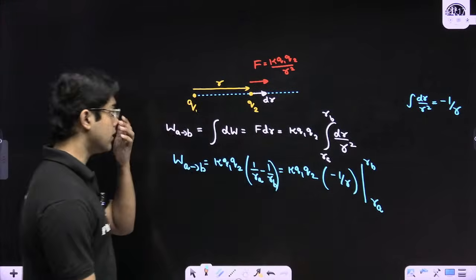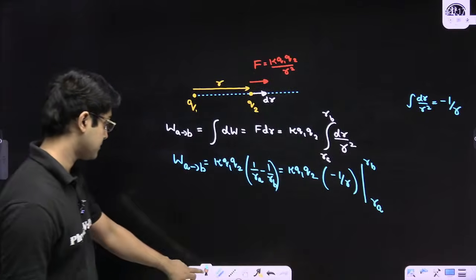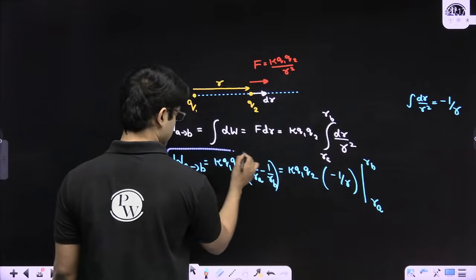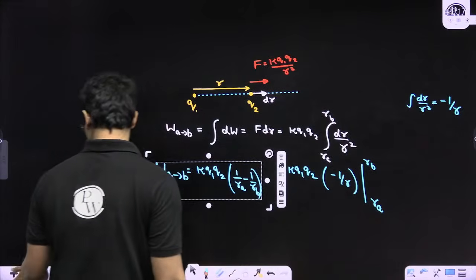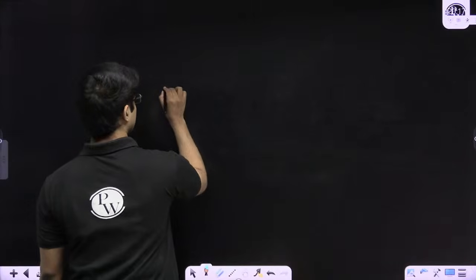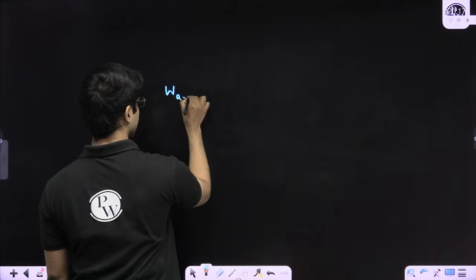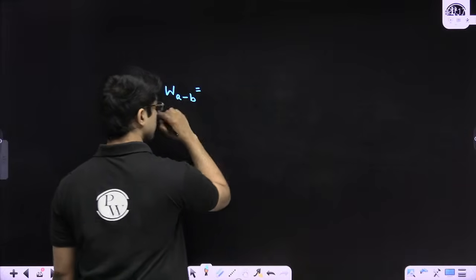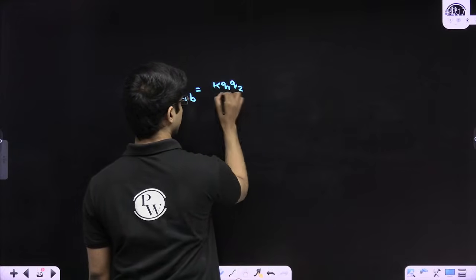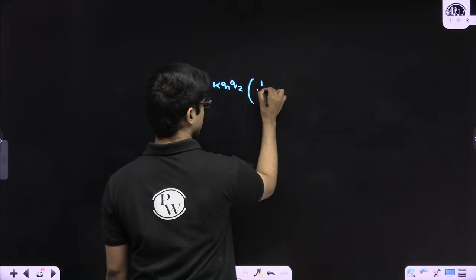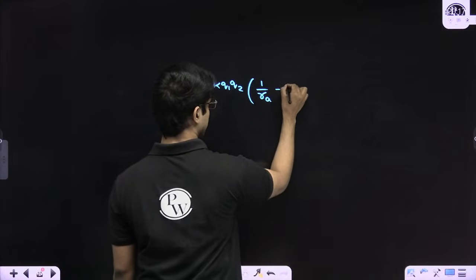This will be the work done in going from A to B by the electrostatic force. Once again, work done in going from A to B is kQ1Q2 into 1 by RA minus 1 by RB.